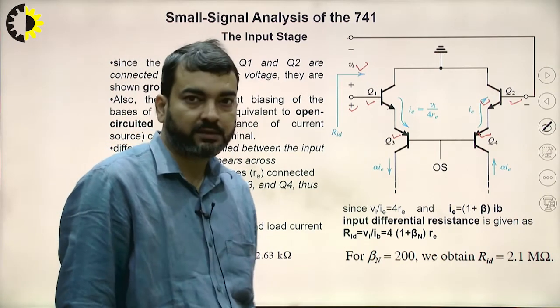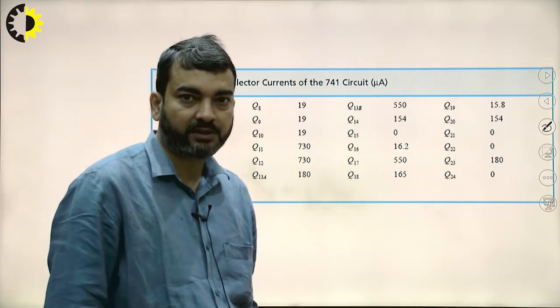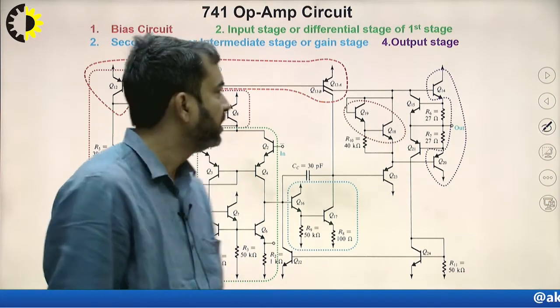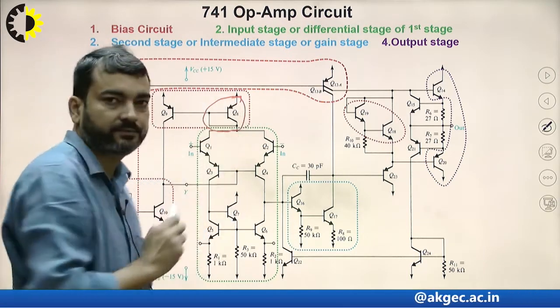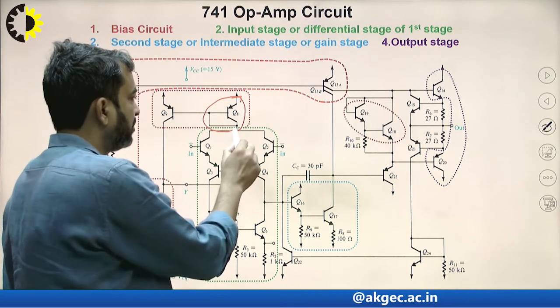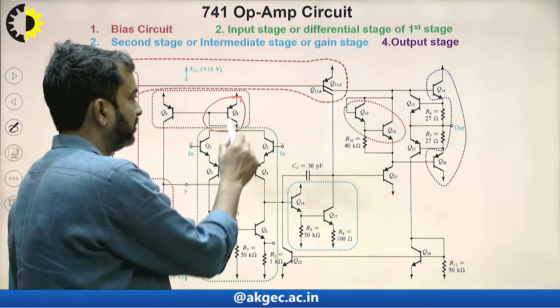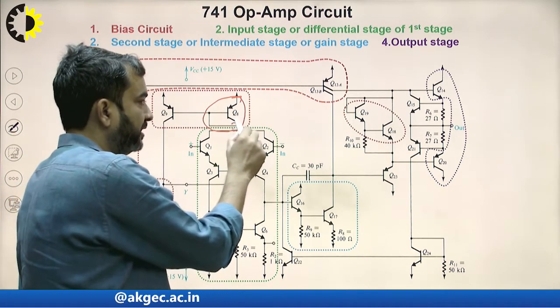One more thing: when we are performing the AC analysis, we remove the bias conditions. Here this is the diode connected transistor which will create a constant drop from this joint collector to ground. So here we can replace this by a simple ground.